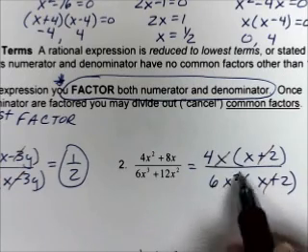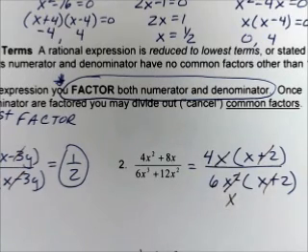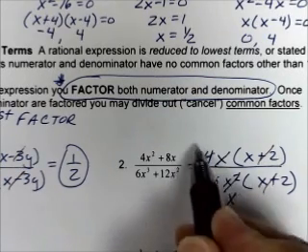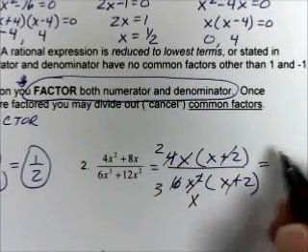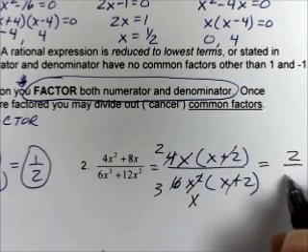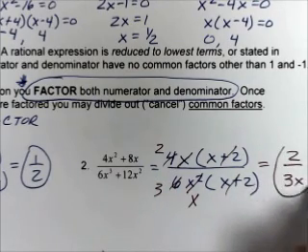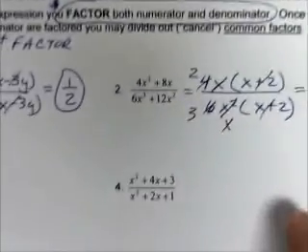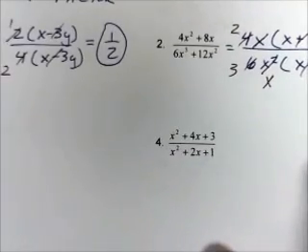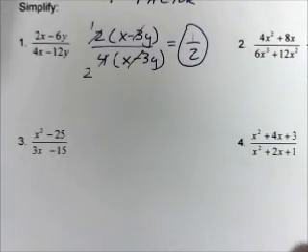The x in the numerator divides out with one of the x's in the denominator, and the 4 and the 6 reduce. So we have 2 over 3x. So the key here to this chapter is you have to be able to factor flawlessly. It's very, very important.